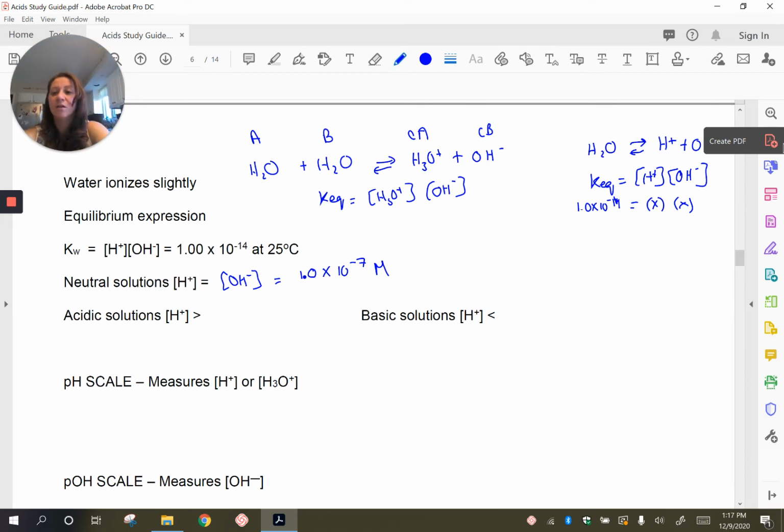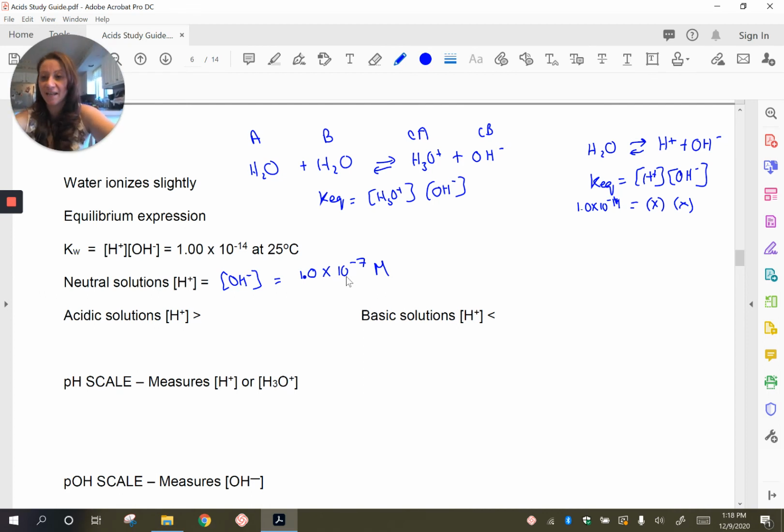So the water will ionize very, very little. The concentration of the H plus or the OH minus in water is going to be 0.0000001. Very, very small. And in a neutral solution, whether it's water or something else that is neutral, your H plus and OH minus concentration will equal 1.0 times 10 to the negative 7.